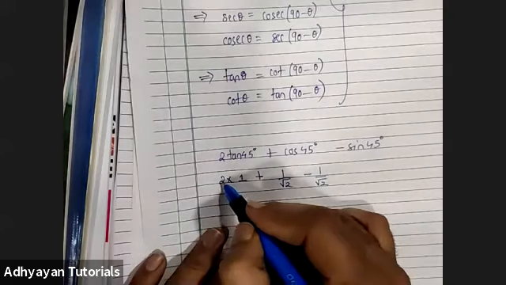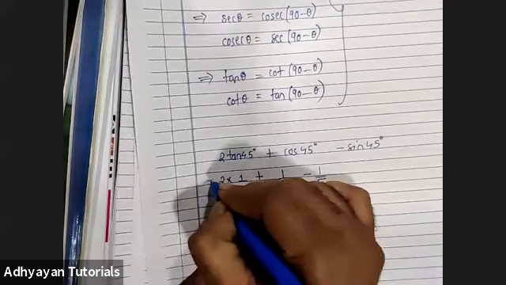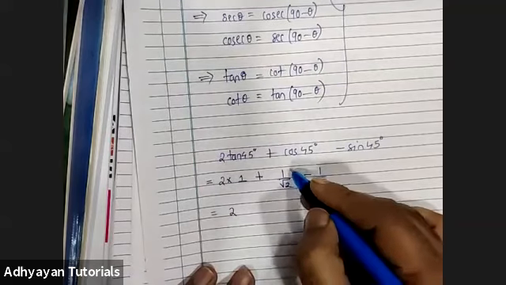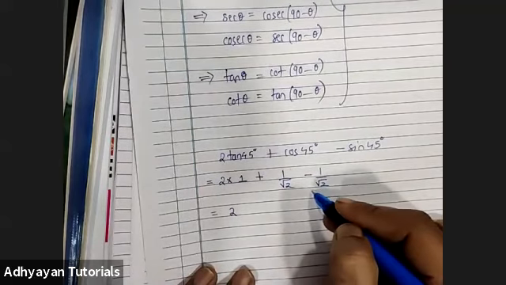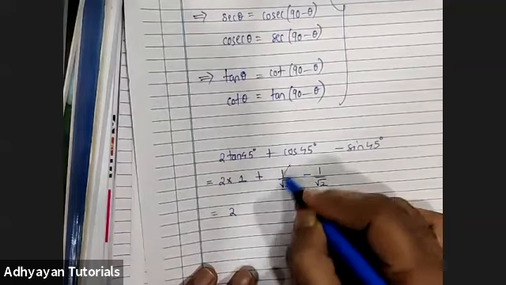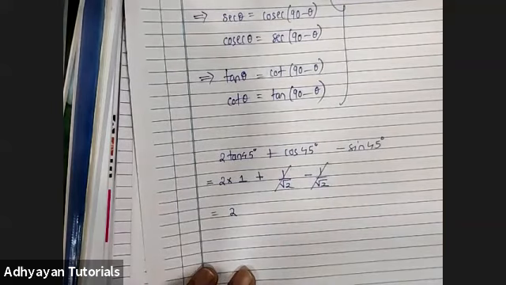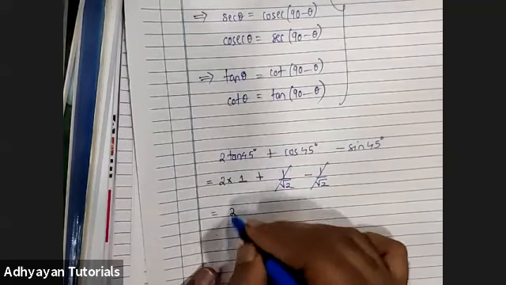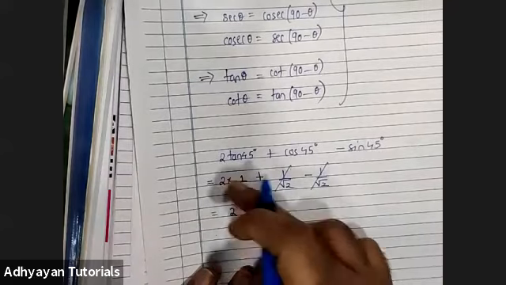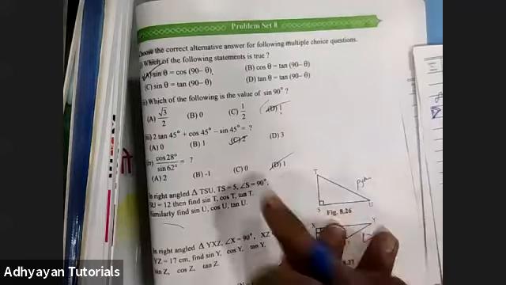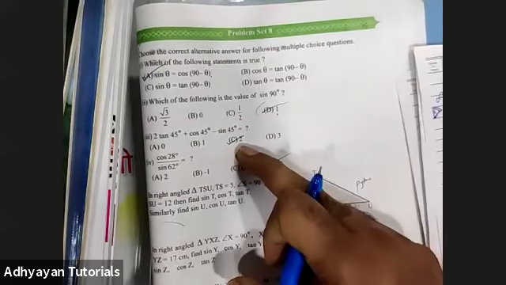Now, children, what is 2 into 1? 2. Perfect. Achha, 1 upon root 2 minus 1 upon root 2. एक positive है, एक negative है. Definitely they would get cancelled. So the answer is 2, and that means it is option number C, 2.